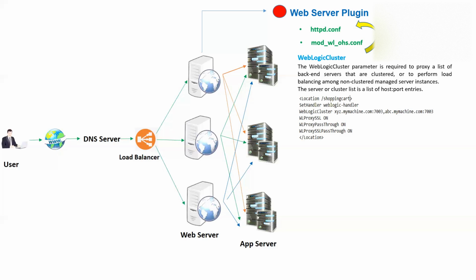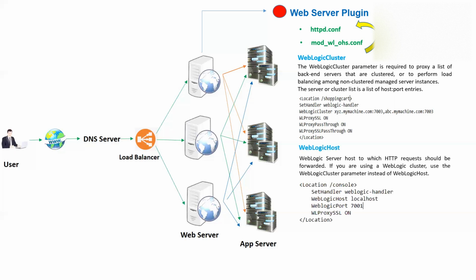One node has the DNS name xyz.mymachine.com, and the second one is abc.mymachine.com. The WebLogic servers are running on port 703 on node 1, and the same 703 on node 2. Then both the servers and ports are defined in your WebLogicCluster. By this your web server will send the request to any of the backend application servers in round robin fashion.